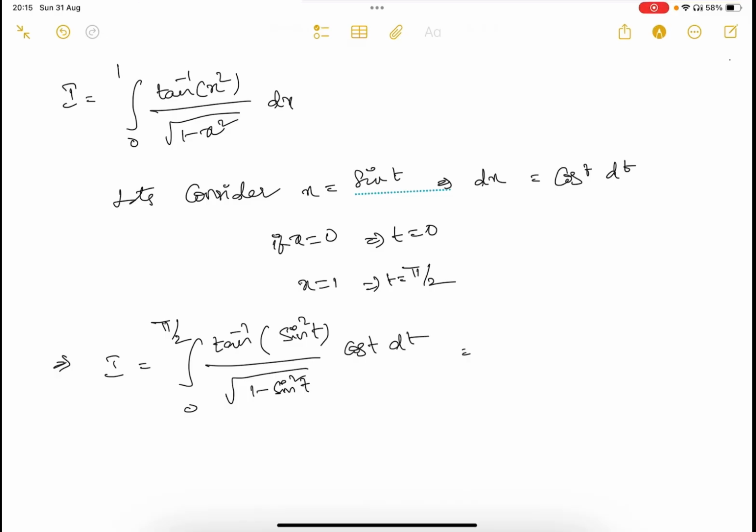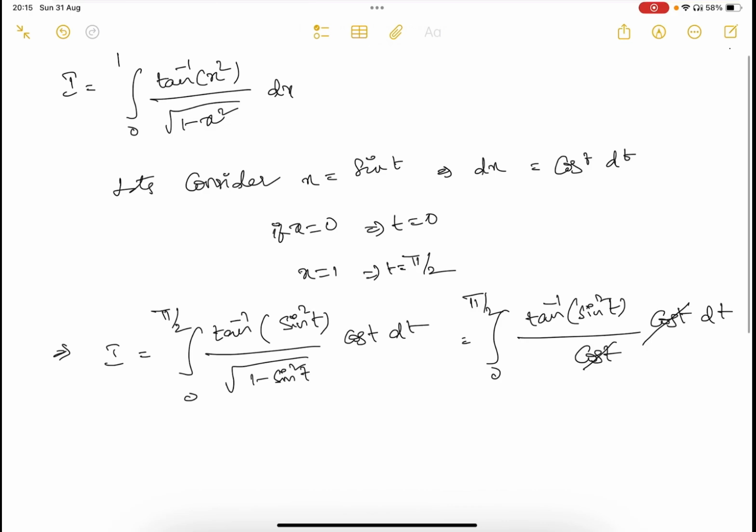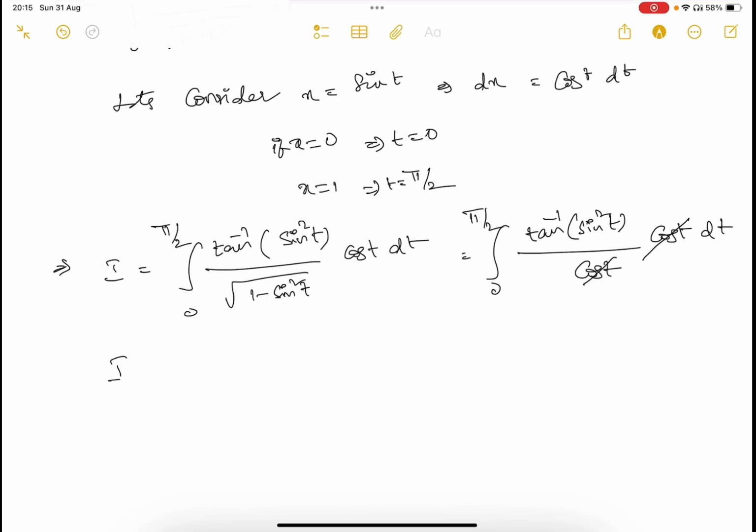Then root of 1 minus sin square t is cos t. This cos t will get cancelled, right? And finally we got I as integral 0 to pi by 2 tan inverse of sin square t dt.